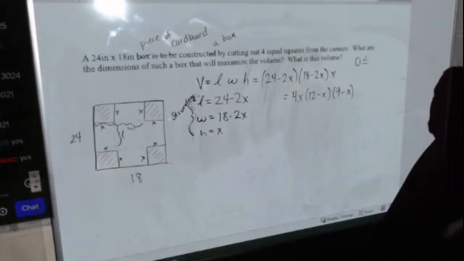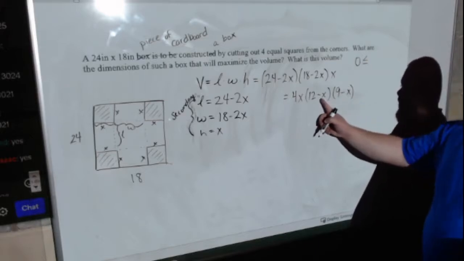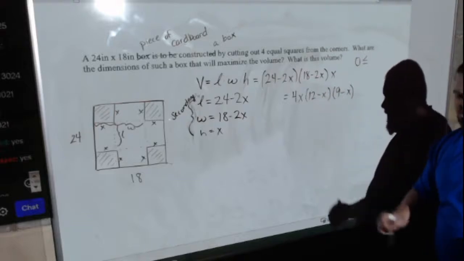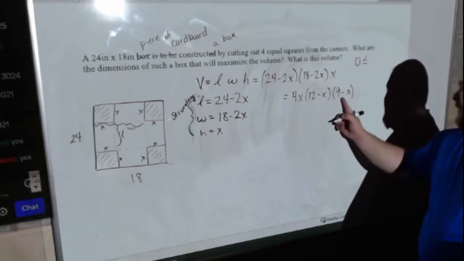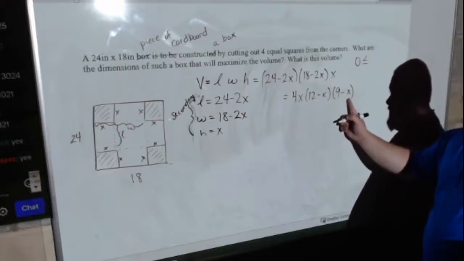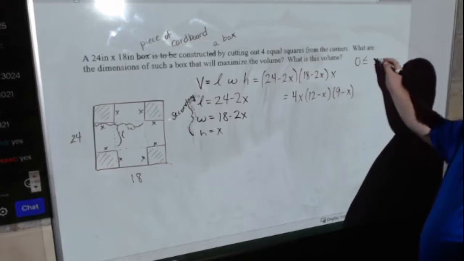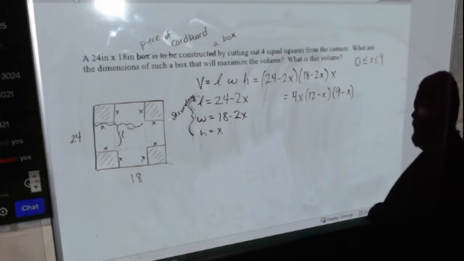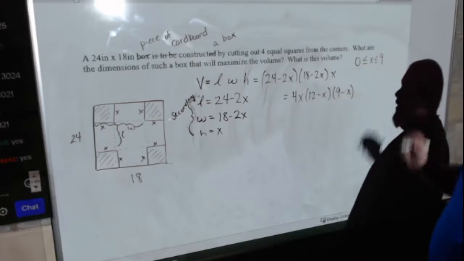And then the biggest numbers I could plug in, well, here if I plug in a number bigger than 12, this becomes negative. And I can't have a negative volume. But here, if I plug in anything bigger than 9, I get negatives. So I can't be bigger than 9. So whatever the answer is that I get has to be somewhere between 0 and 9.